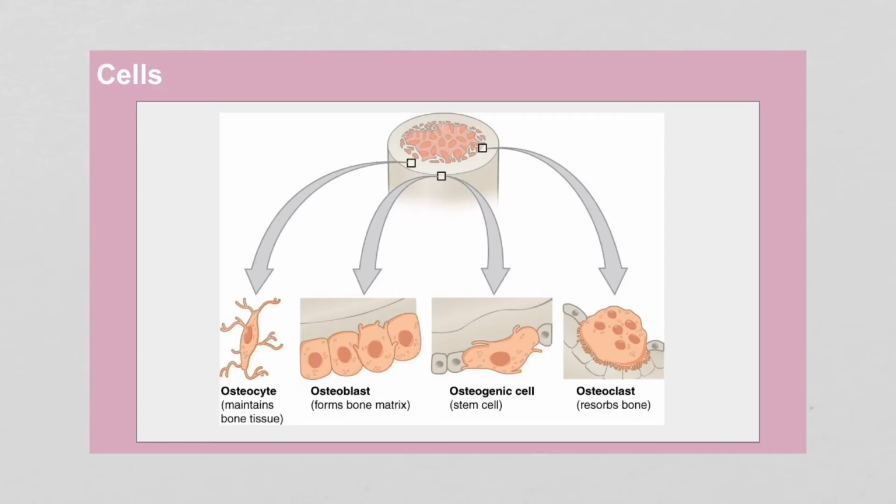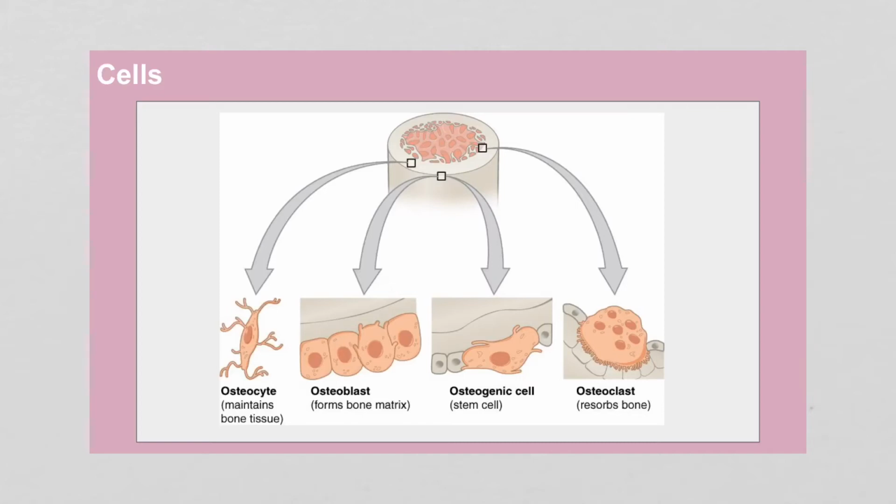And they differentiate into these macrophages, big eaters, that actually break down the bone. Okay, and so they break down the bone, they can release calcium into the bloodstream. So these are obviously activated by the parathyroid hormone.